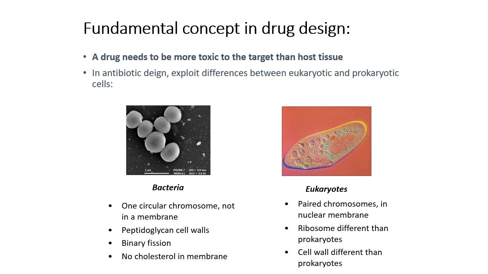The ribosome, which is the protein factory in cells, has a different structure in a eukaryote than a prokaryote, and this difference in structure, which we'll discuss in later lectures, is an important thing that we can exploit in antibiotic design. And also importantly, the cell wall in a prokaryotic cell is different than in a eukaryotic cell. Again, this difference can be exploited.